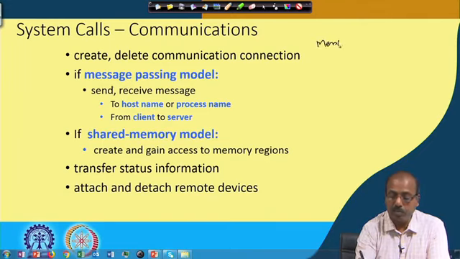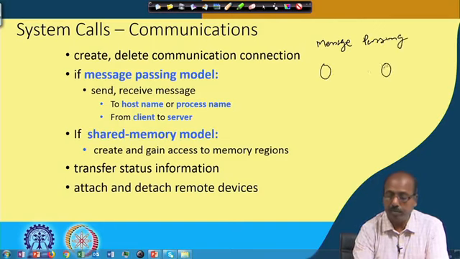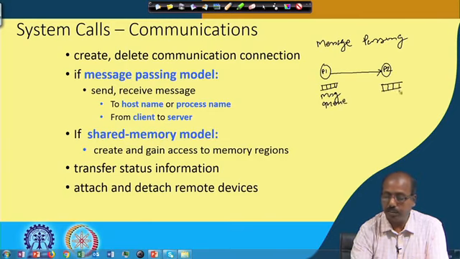In the message passing model, what is done between the processes that want to communicate between themselves? There will be a message queue. This process will send a message to this one. You can think that every process has a queue associated with it, which we call the message queue, and similarly this process also has a message queue associated with it.